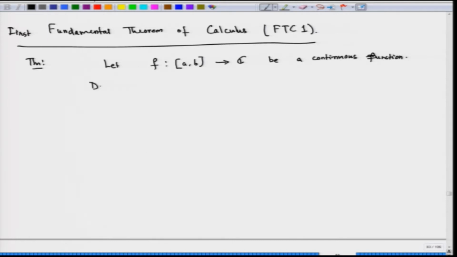Define capital F of x equal to the integral from a to x of f of t dt.